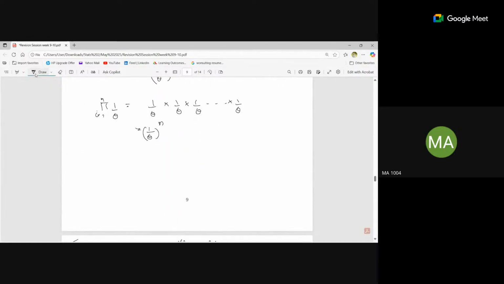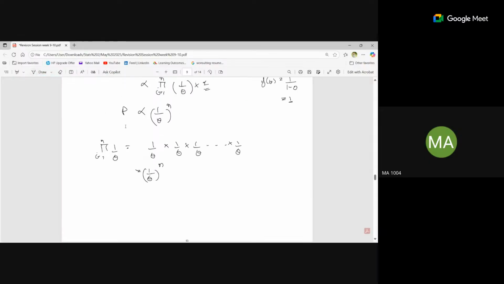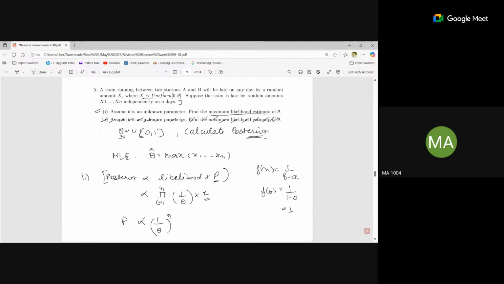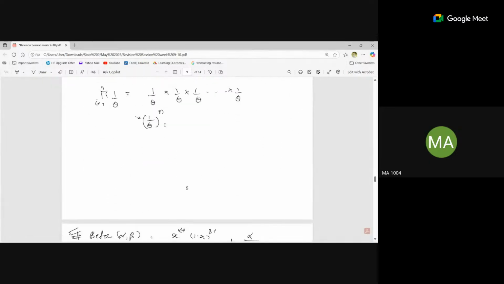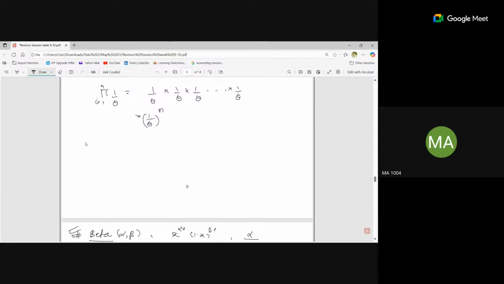Basically, you just have to remember that my theta, the parameter, is coming out to be in the range of x. So if you see, my x is following uniform 0, theta, right? So my f(x) is 1 by theta, right? And my value of x is going from 0 to theta, correct? So my theta is coming in the range of x.